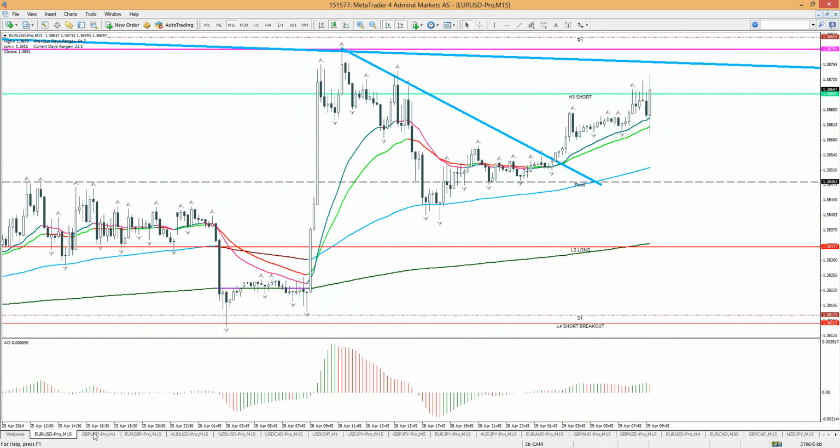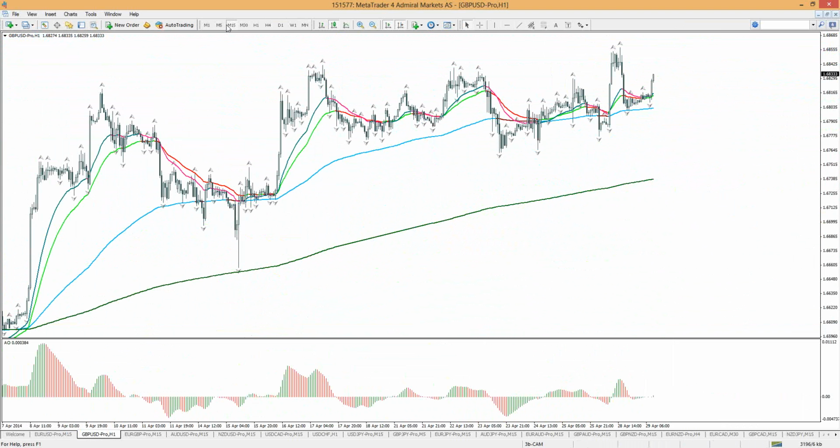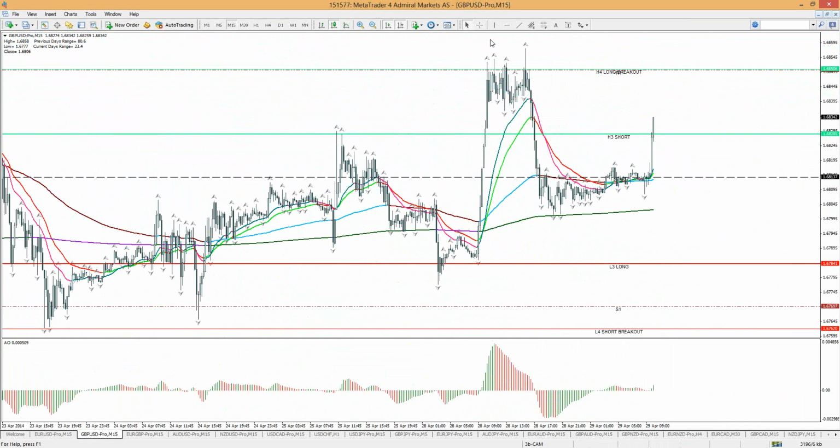Pound dollar is moving up, and personally, I positioned myself on the pound dollar already to the upside earlier this morning in this mess here. So that is doing nicely. Now the reason why is because yesterday's high was pretty far away.